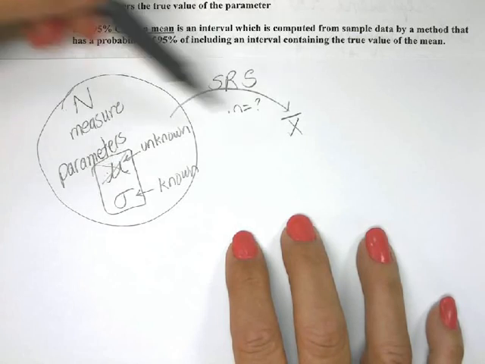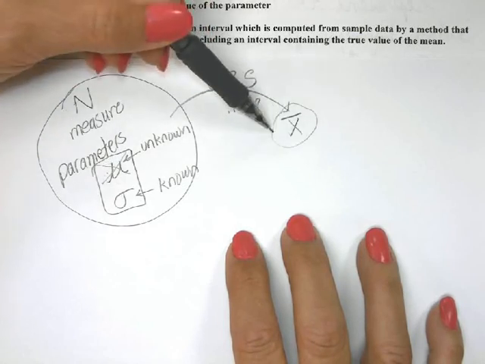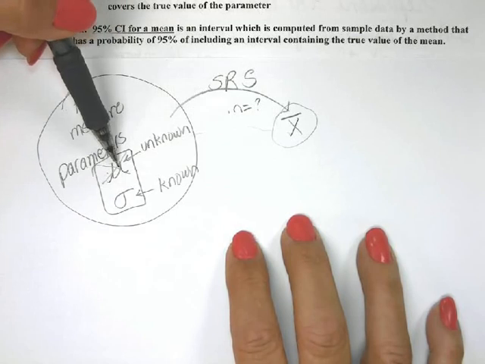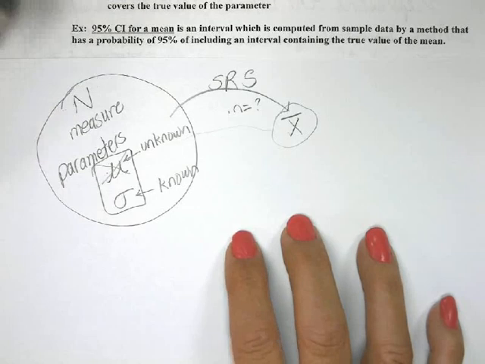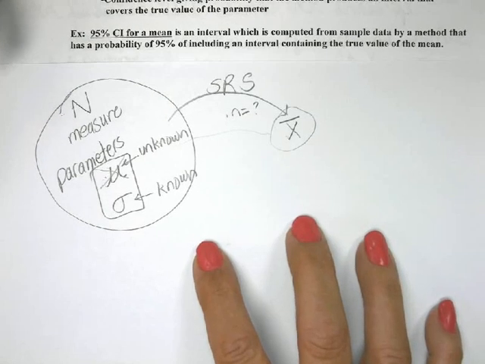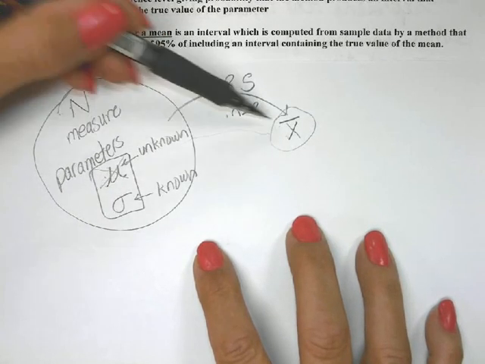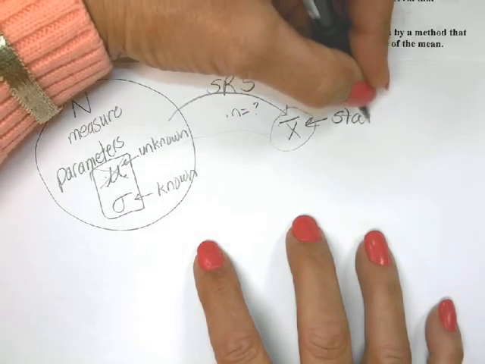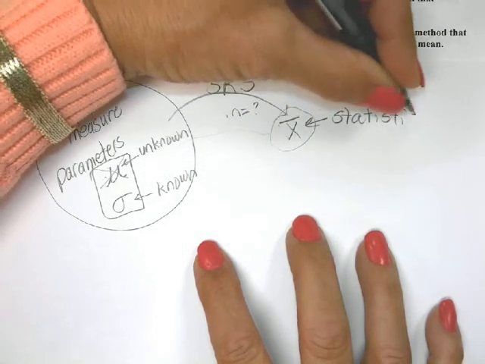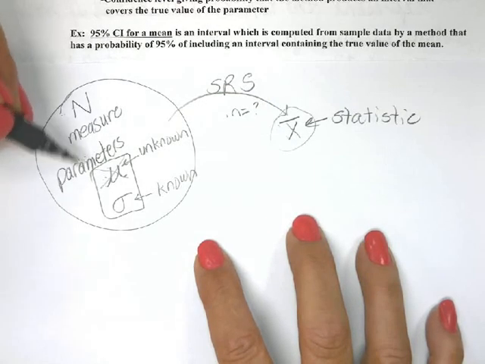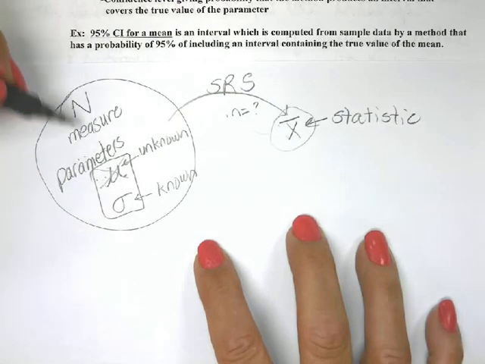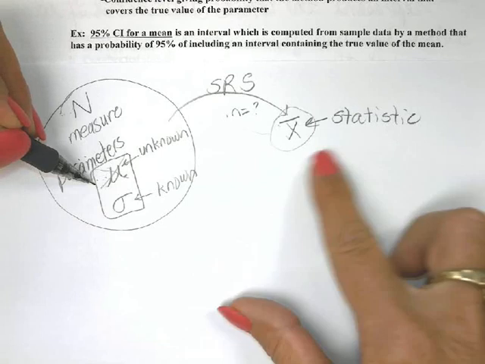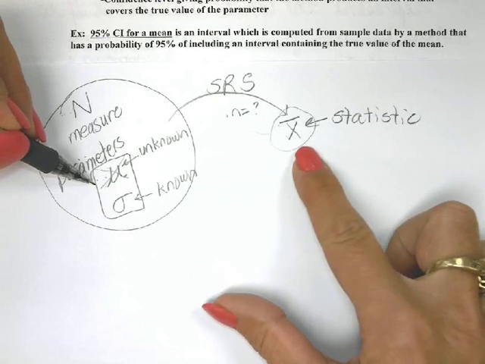But we really would like this number to be exactly the same as the population mean. It's just very, very unlikely that that's going to happen. So what do we do? We actually calculate an X bar. This is a statistic. Remember, there is a difference between a statistic and a parameter. A parameter is an exact value from the population, and a statistic is collected from sample data.